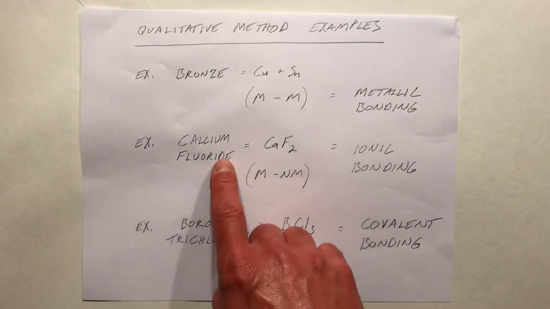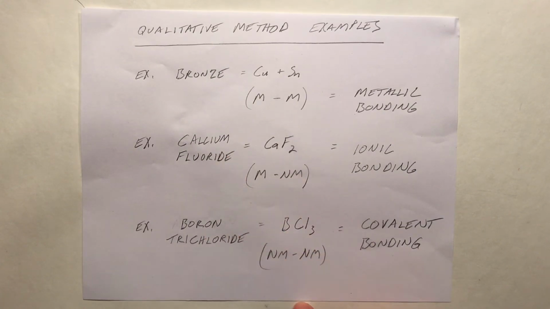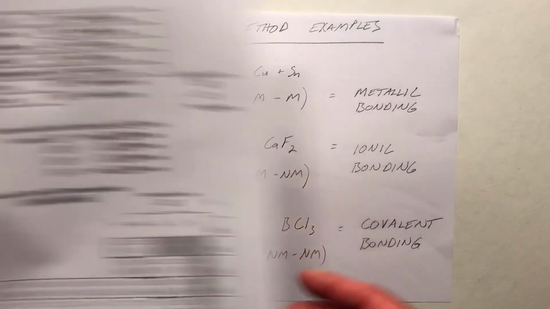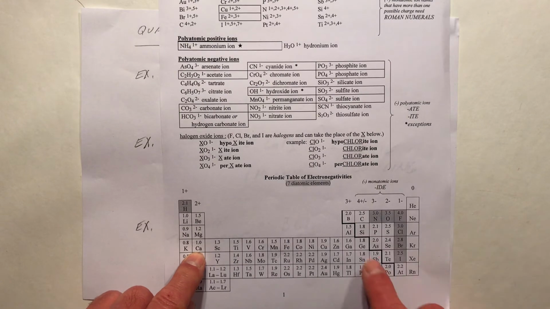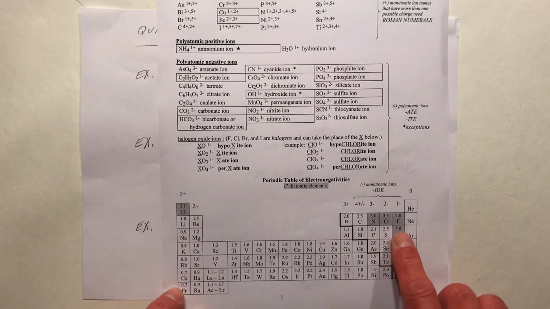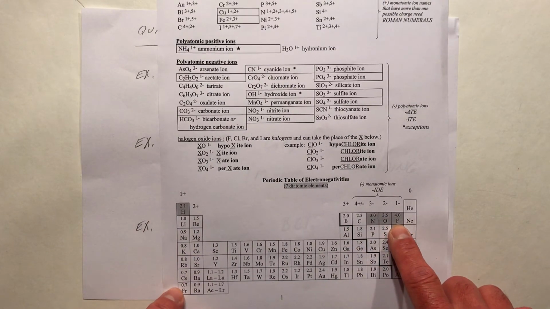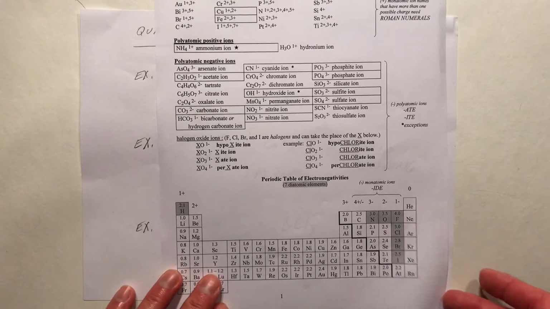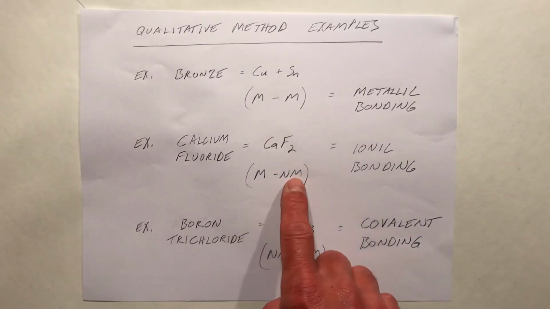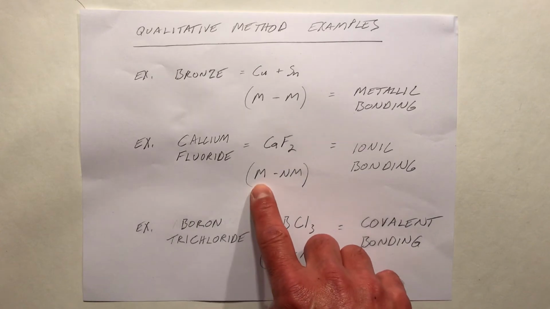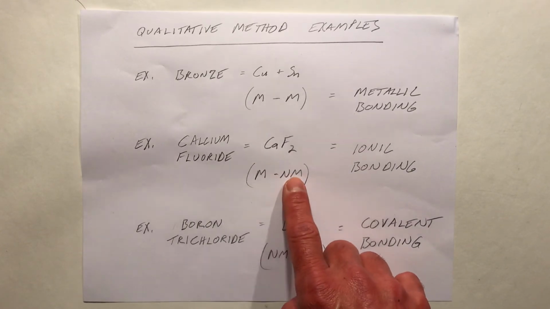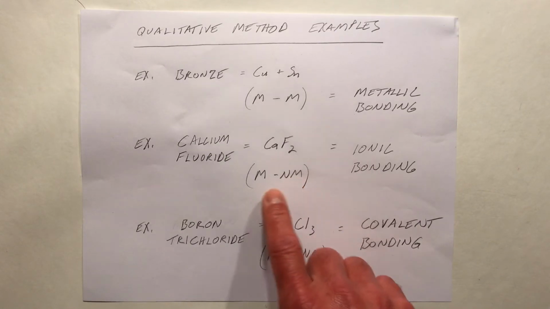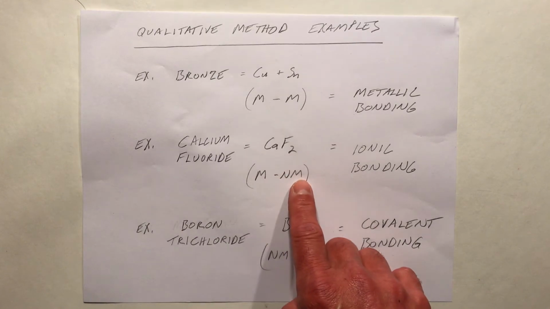Now let's consider this compound, calcium fluoride. Notice that calcium, Ca, is way over here on the left. It's a metal. And fluorine, for fluoride, is right there, F. It's a nonmetal. So when we have a metal combining with a nonmetal, the metal's low electronegativity, low attraction for bonding electrons, and the nonmetal's high electronegativity, high attraction for bonding electrons, we're going to see the electrons transfer from the metal to the nonmetal.